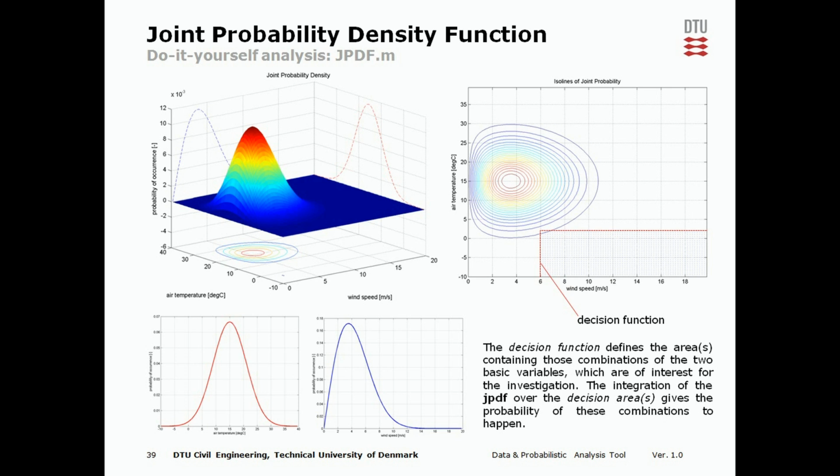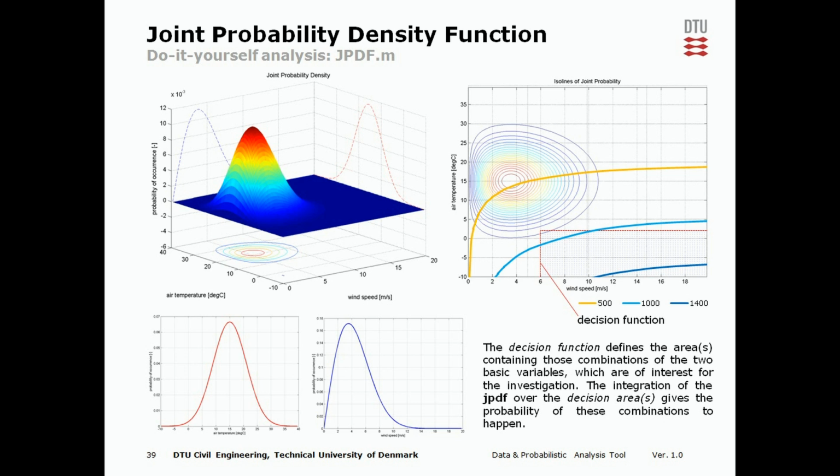So this is the case we are interested in as an example. So we can just define this decision function and integrate up the joint probability to come up with the risk, or with the probability of these cases occurring.